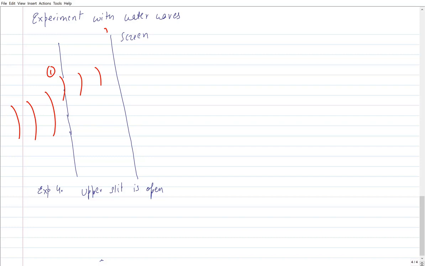And how would I measure that? Let's say I have a tiny piece of cork or a wooden plank or something like that over here, and as the water waves hit the surface, this cork goes up and down, and I measure the height of the cork, h, and I know that the intensity of the wave is proportional to the amplitude square or the height squared.